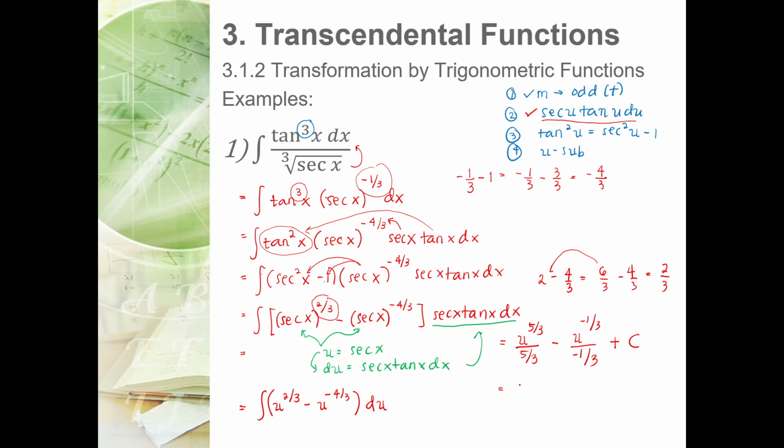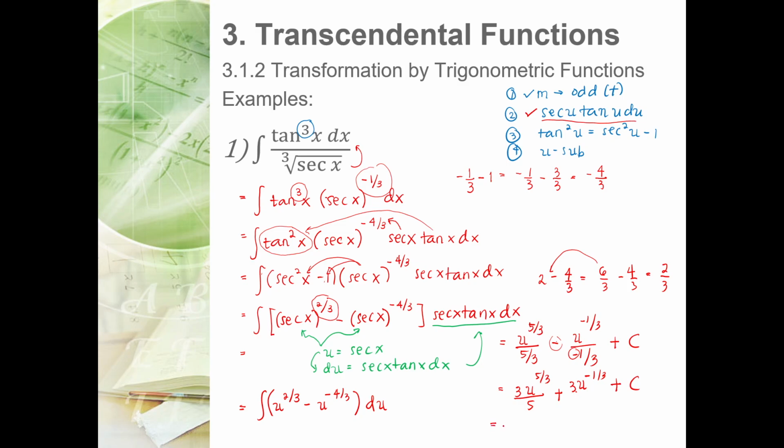Simplifying, we have 3 u to the 5/3 all over 5, and then minus, minus, so it will be plus 3 u to the negative 1/3, plus c.